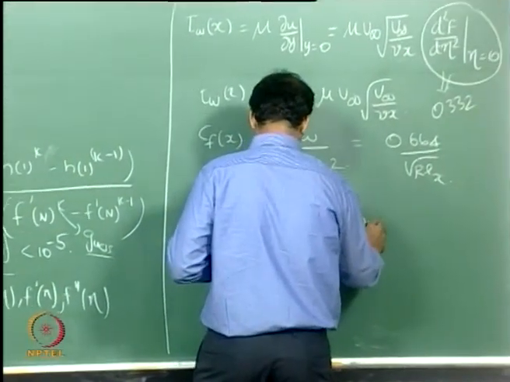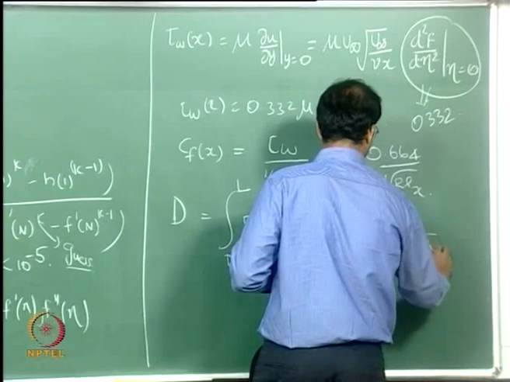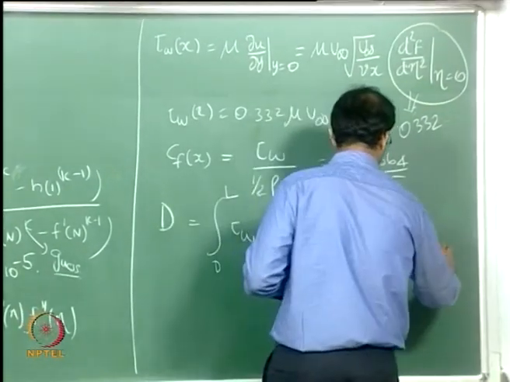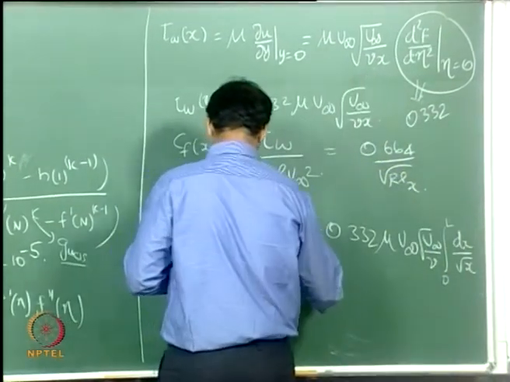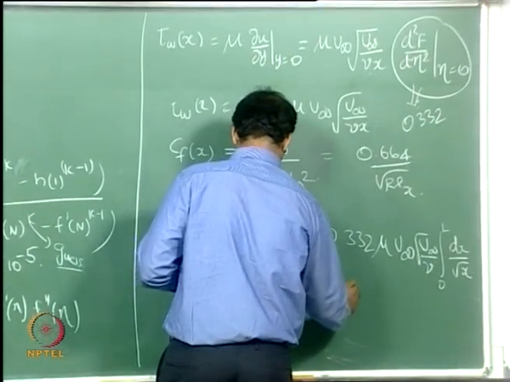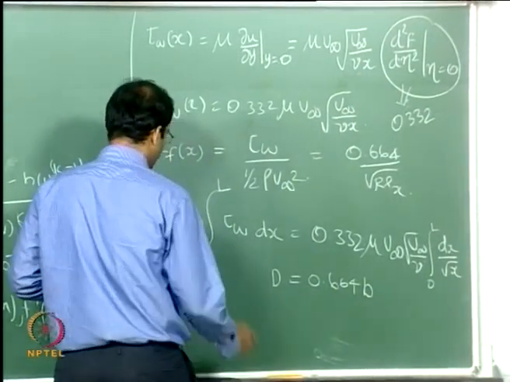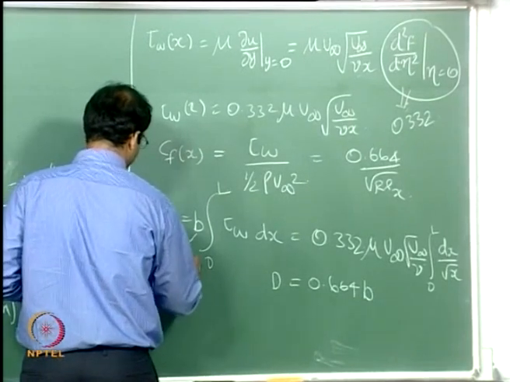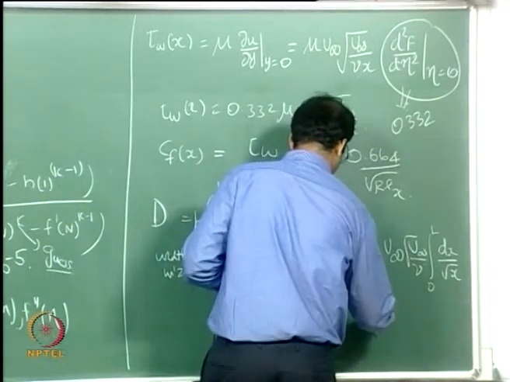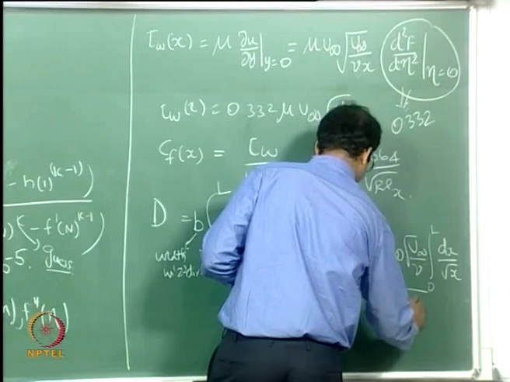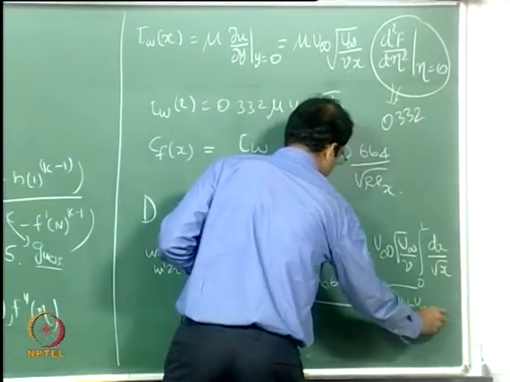If I substitute, this will be 0.332 times, which gives me the value 0.664, if I assume a width of B, the width in the third direction perpendicular to the board. So this gives me the expression for the drag force.